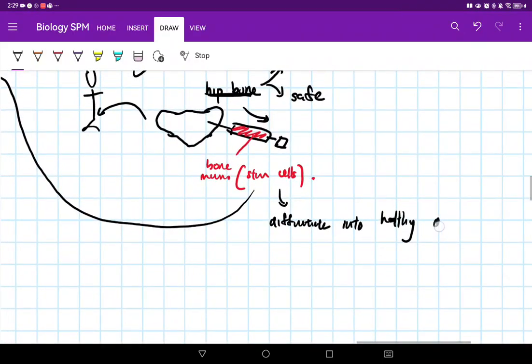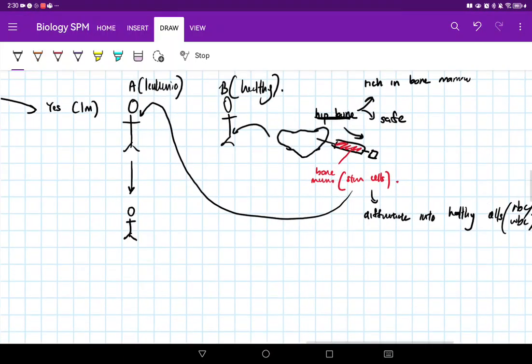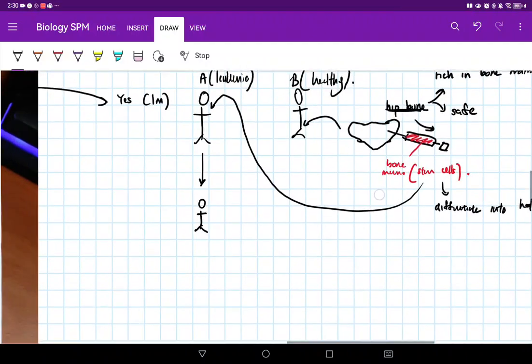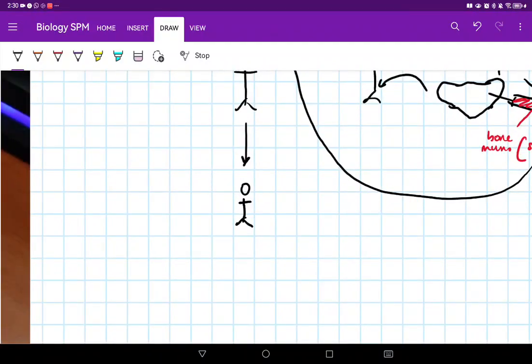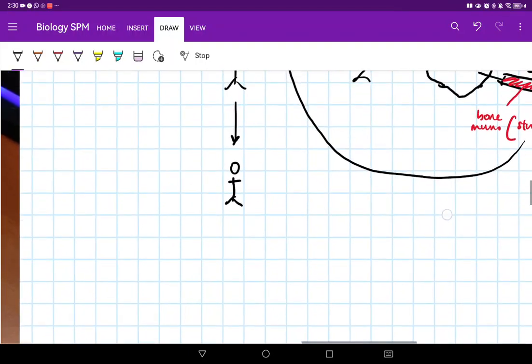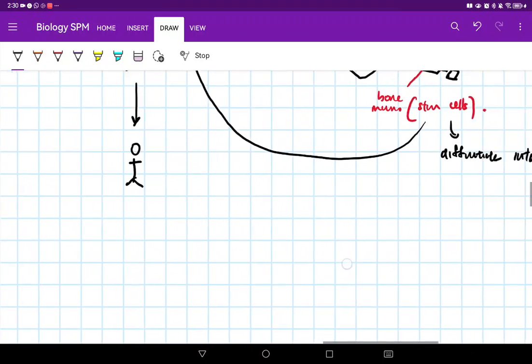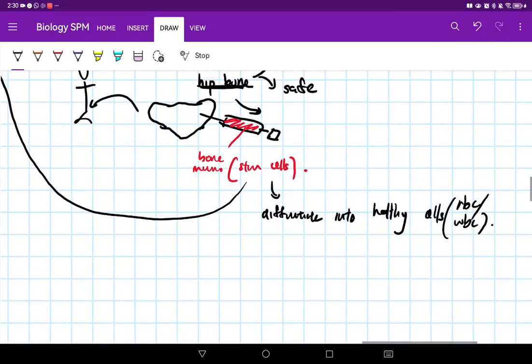For example, your red blood cell, your white blood cell. Okay, and then they'll be injected into the person with leukemia to replace any cells that are damaged by chemotherapy or the disease. All right. So these stem cells can develop into white blood cells to destroy the immature white blood cells.